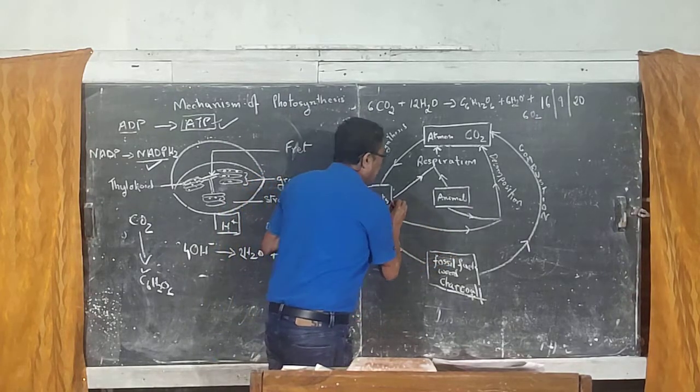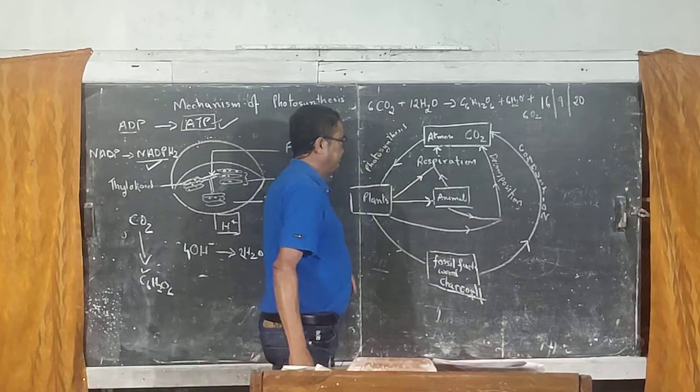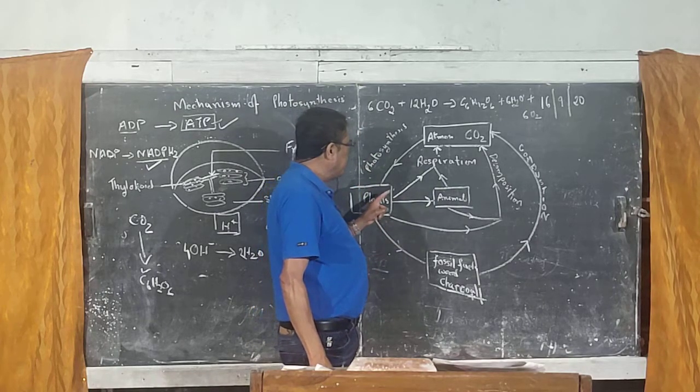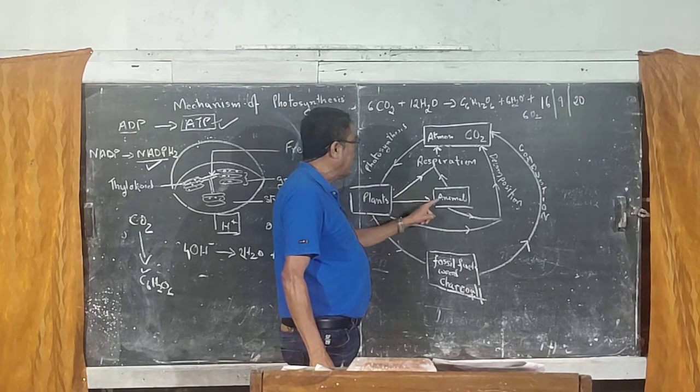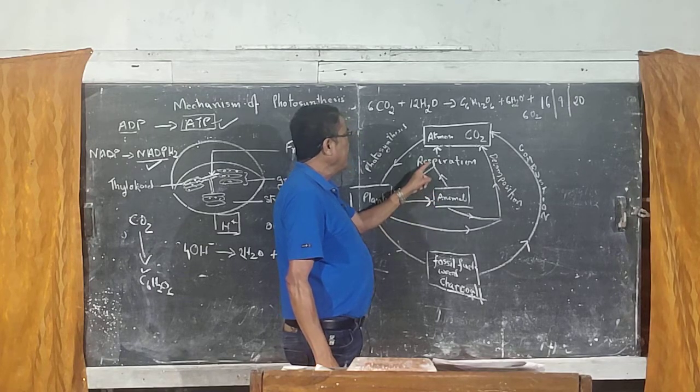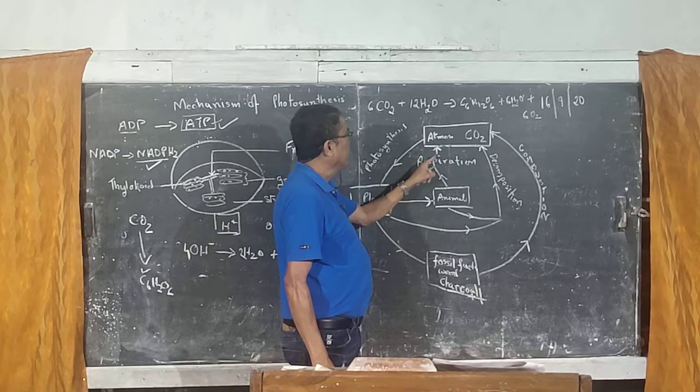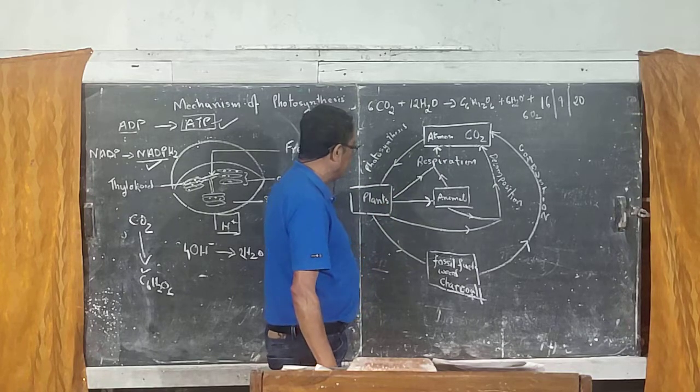Plants are eaten by animals. During respiration in plants and animals, again carbon dioxide is produced, which is added to the atmosphere.